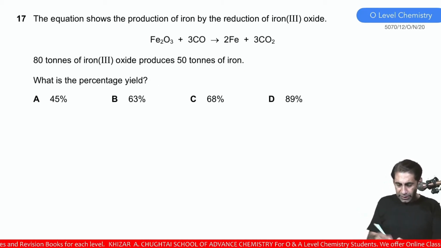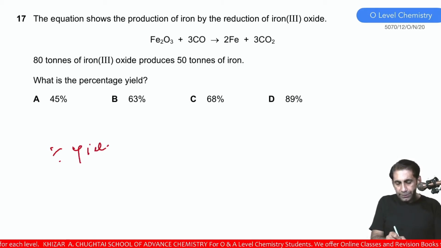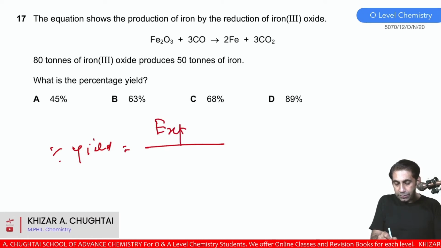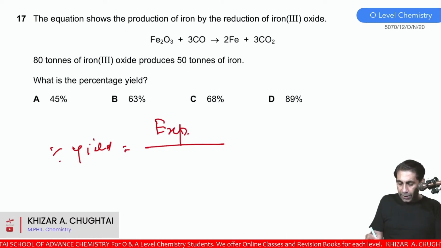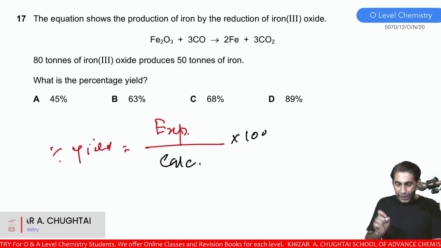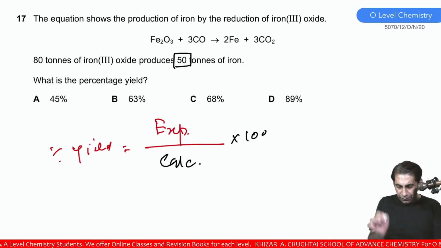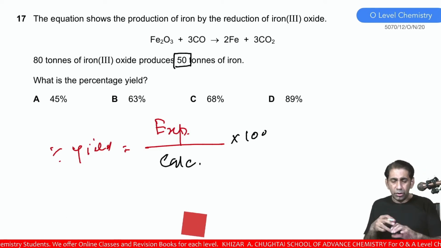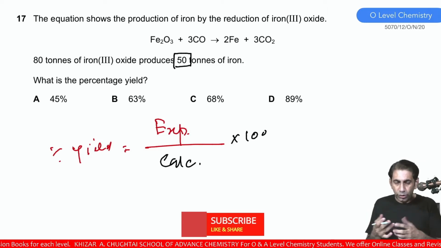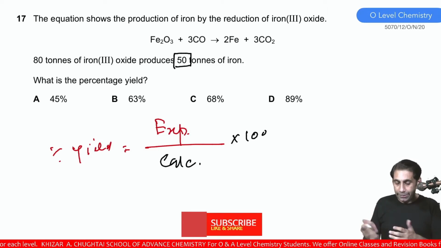You know the formula: the percentage yield is equal to experimental yield divided by calculated yield multiplied by 100. The experimental yield is given, 50 tons, and I'm not going to convert my calculation into tons. I'm going to suppose these are grams.